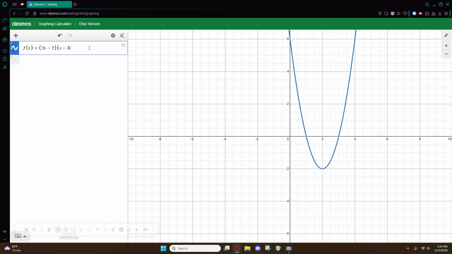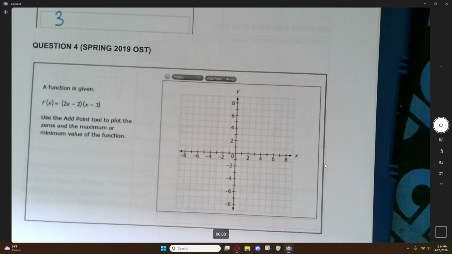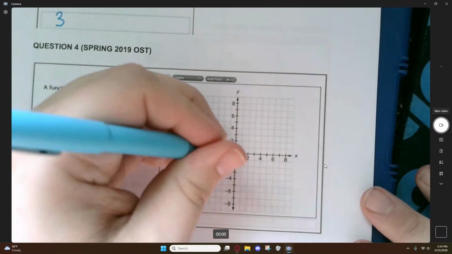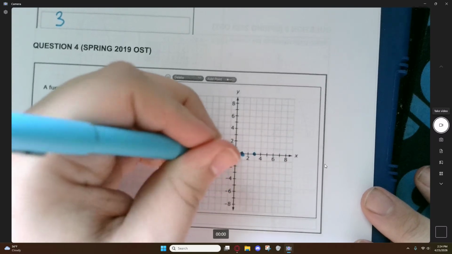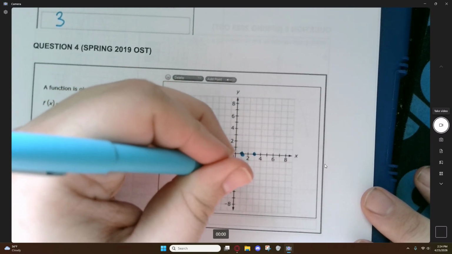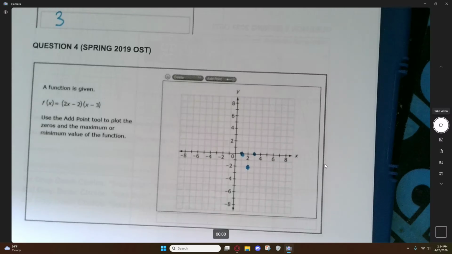So you're plotting only the zeros. It's the same thing as the previous question we did. Your x-intercepts of 1, 0, 3, 0, and 2, negative 2. So 1, 0, 3, 0, and 1, 2 for 2, negative 2. Question done.